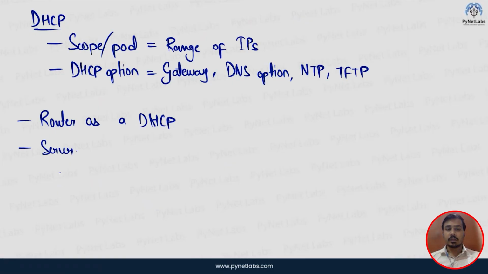Right now I would like to go ahead and start with the lab. First of all, we will be configuring DHCP. Then we will be configuring something known as DHCP relay. Many times the DHCP server is centralized, and we might be part of a different network, and because of some resource constraint we may not have enough servers to be deployed at every network.